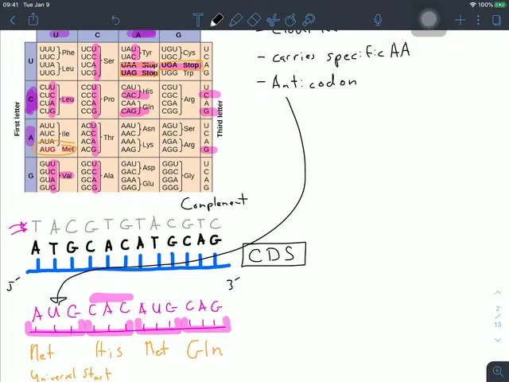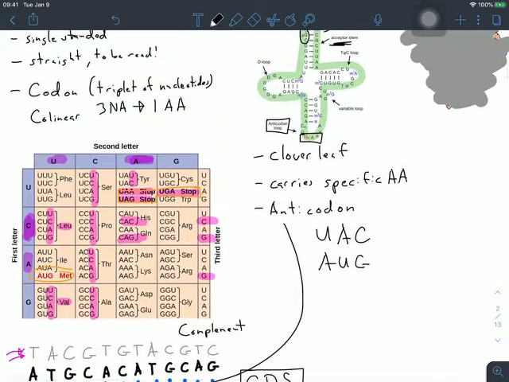So if you had AUG on the mRNA, you would bind to it UAC, and at the top of the tRNA that carries UAC in the anticodon loop here at the bottom, you would find the amino acid MET attached.